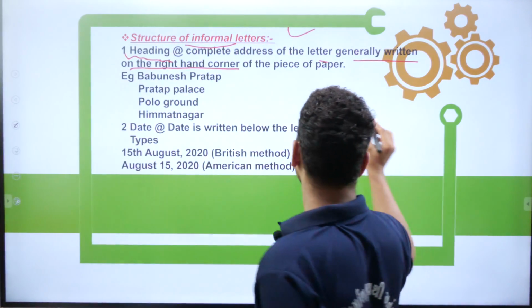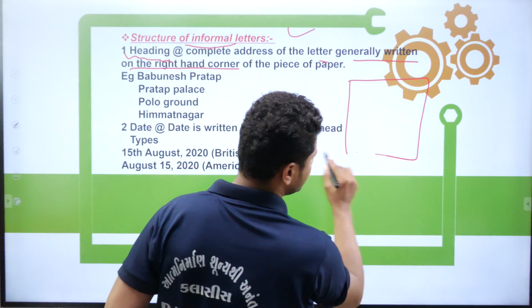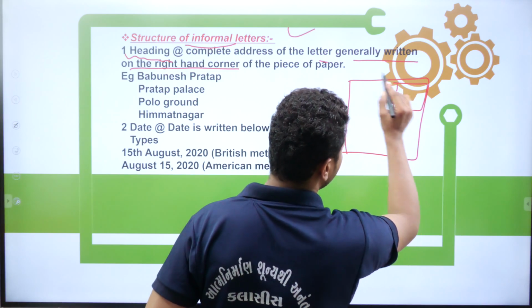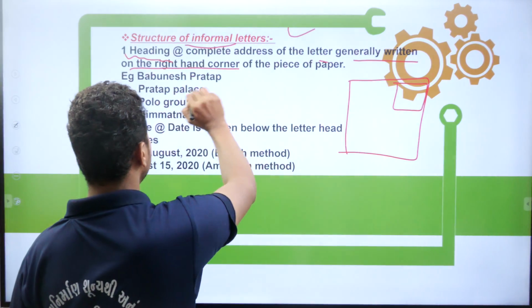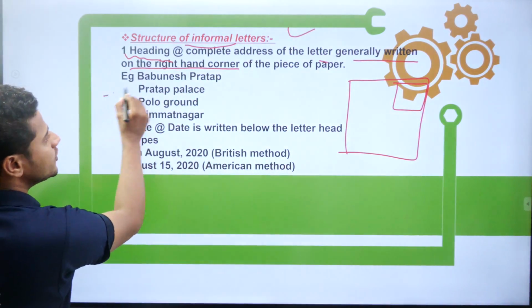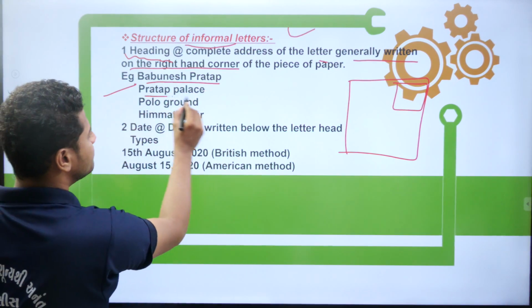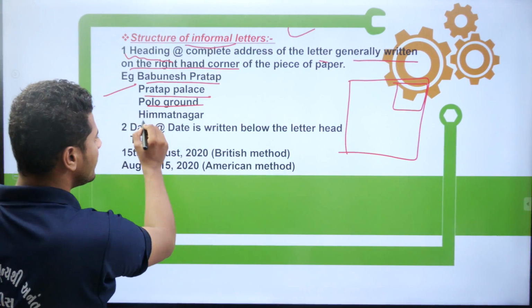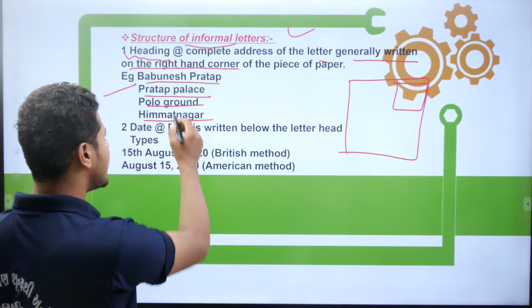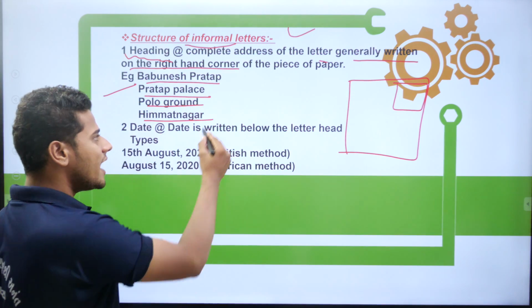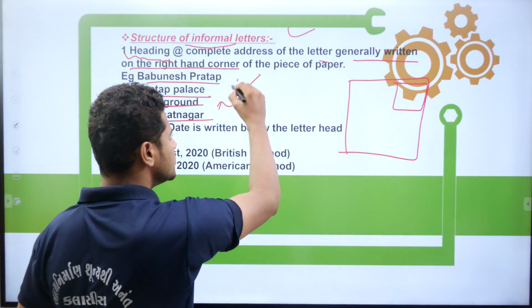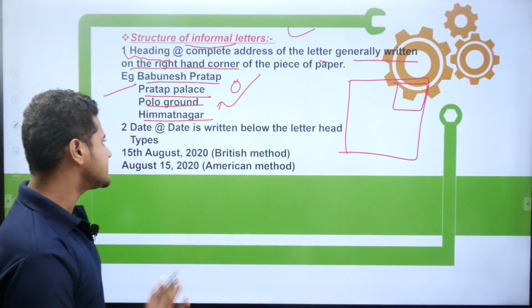For example, this is one page. Here in the right hand corner we have to write the heading. Here in the example you can see Babunesh Pratap, Palace, Polo Ground and Himmatnagar. This is my address and my name. So I have mentioned it here in the head. This one you can understand over here.